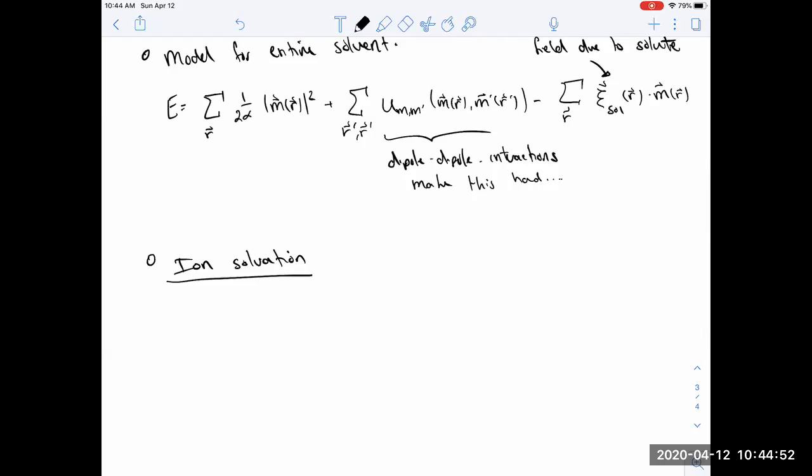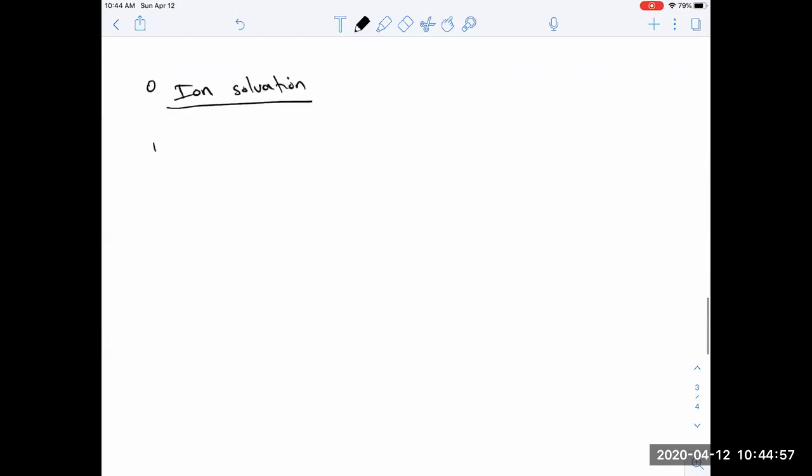So let's work through what's going to happen if I put an ion in this solvent. The first thing that's going to happen, if I put an ion in the surroundings, that ion generates a field that will act on those surroundings. Now this is a specific field due to an ion, so let's call that subscript ion.